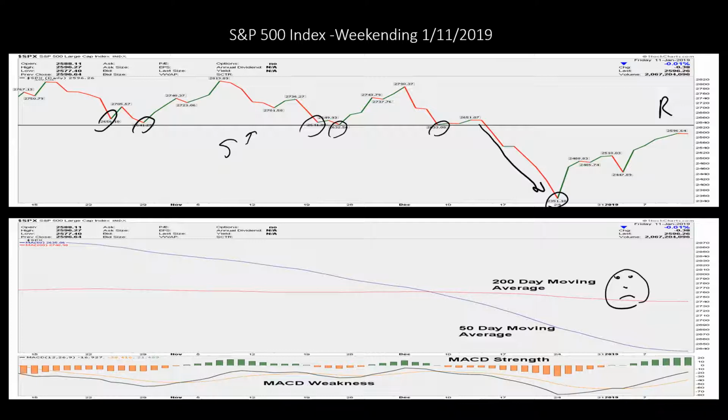Now, this is important. Any market or index will go through these positive and negative cycles. What is most important is where they become positive or negative. When there is positive momentum in the area I wrote MACD strength, that is momentum on strength.